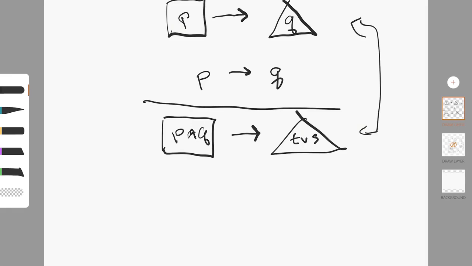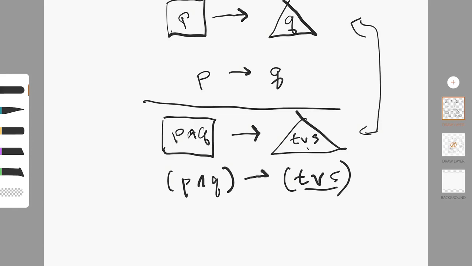We would have to indicate that P and Q serve the function of the square slot by grouping them together or indicating that they function as a single unit. In other words, they fill a single slot. And then over here, we'd have to use groupers to indicate that T or S serves the same function. It's a single unit that fills the triangular slot. And then we connect these together with the material implication.